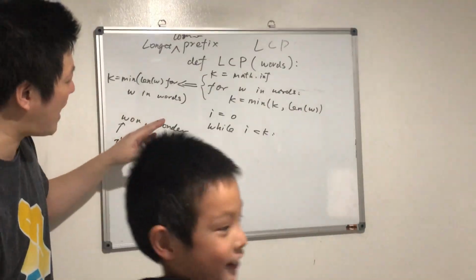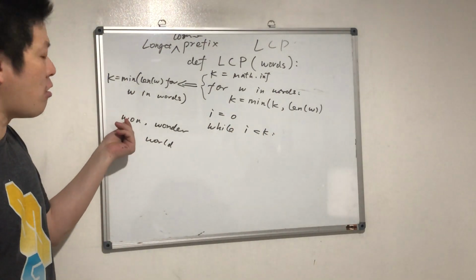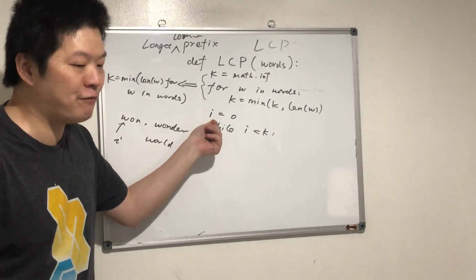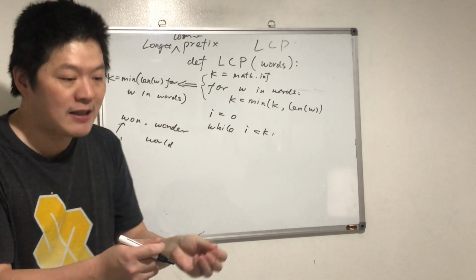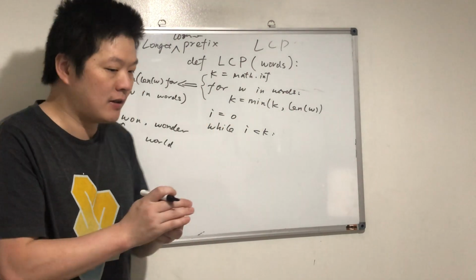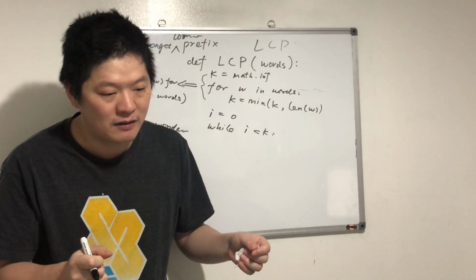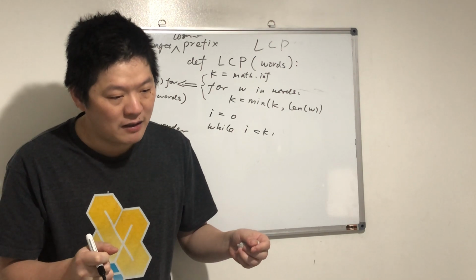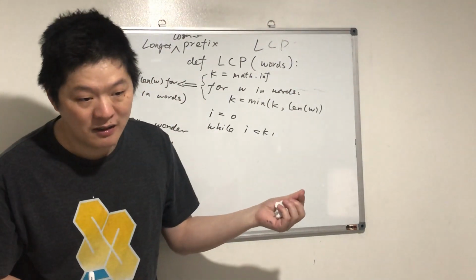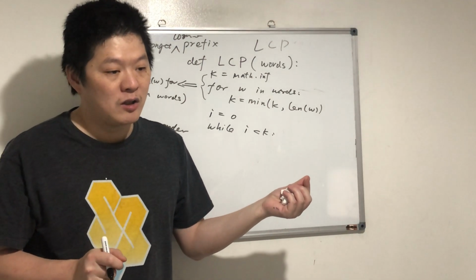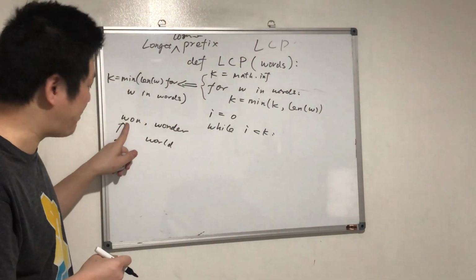So our idea is to put all the characters at index I for the words in the set, right? And if there's only 1 element in the set, what does it mean? It means that's the prefix, the character and the position are all set.